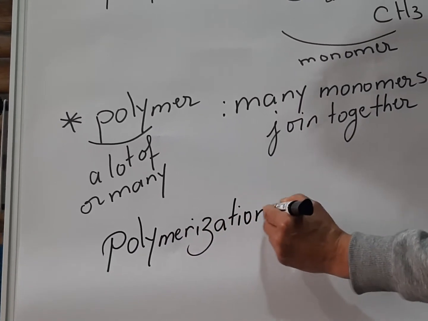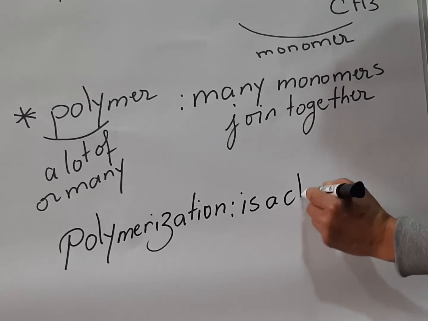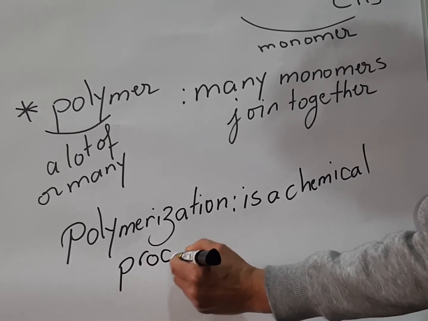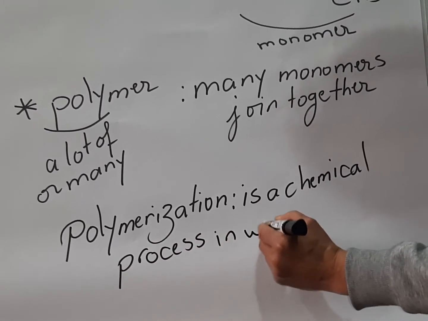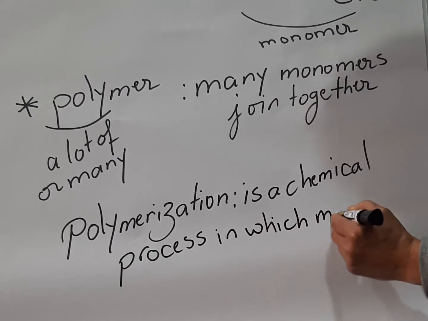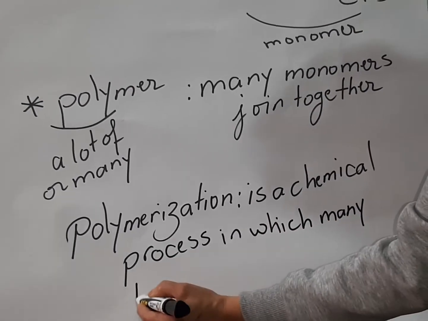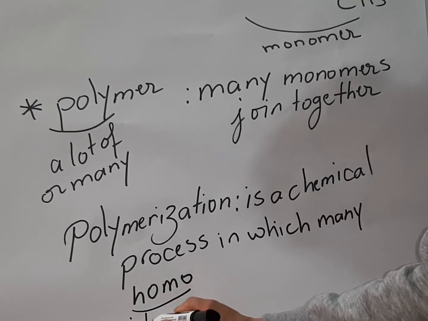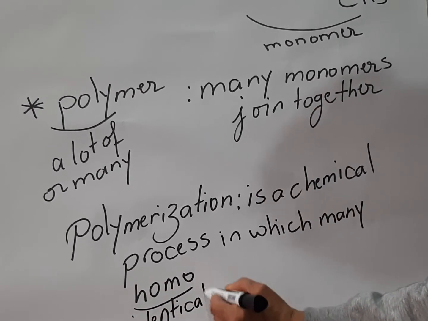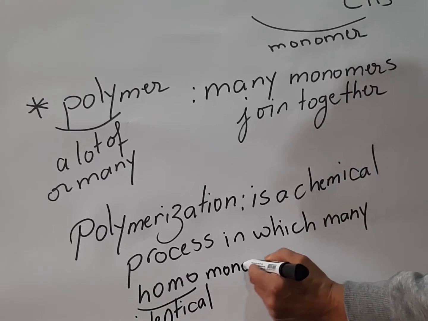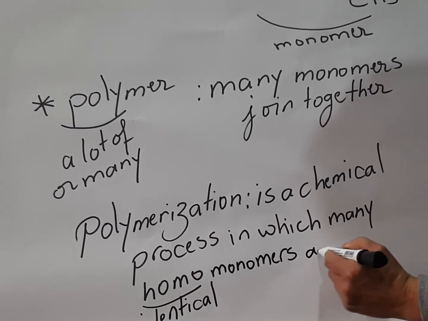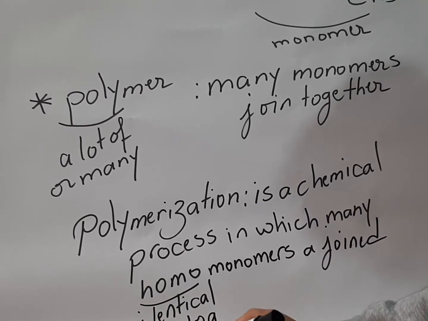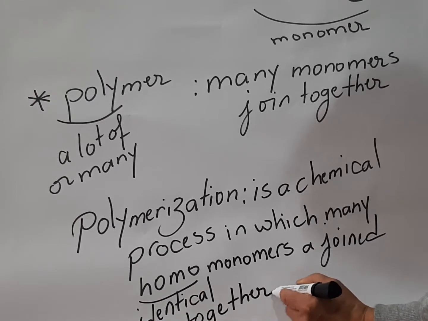So, what's polymerization? It is a chemical process in which many homomonomers are joined together to form a synthetic polymer.